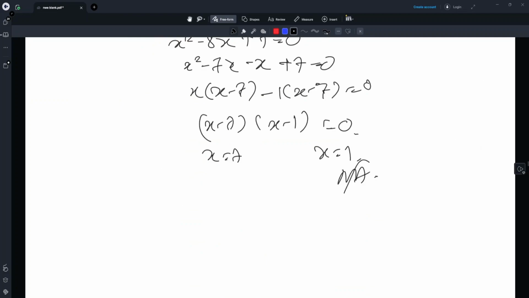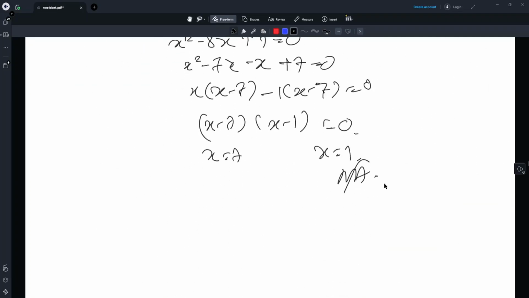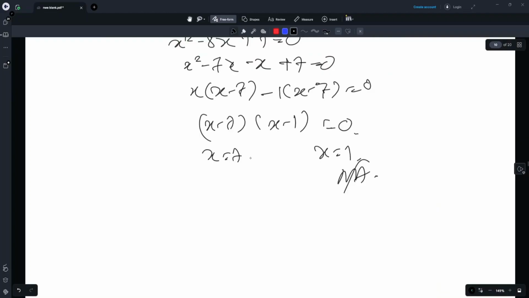So it's always important to check. Even if you use a differentiation function, it's not going to easily work. The best idea is to also check it with your normal function on your calculator, to see if you get a value or not. Because you have declared x equal to 1 as an asymptote, which means that x equal to 1 is not applicable here.